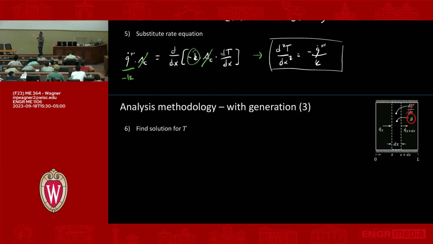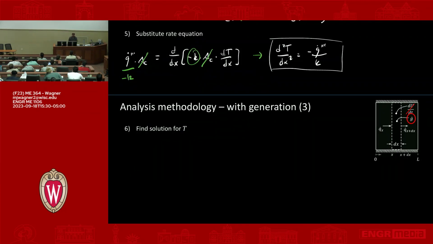I need to have x on one side, T on the other. Here I can do that because I can take the dx and move it over and integrate and then do that again. If you had some function where you have temperature by itself and then x is included in a separate term, that's no longer separable, and then you have to take different approaches. Here it's separable because there's just this constant on the right-hand side. We can deal with it.